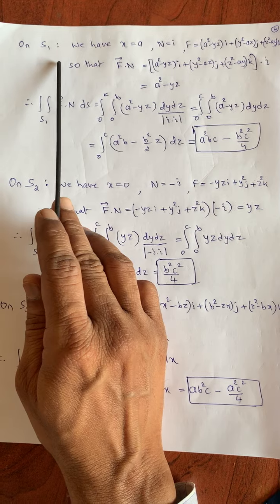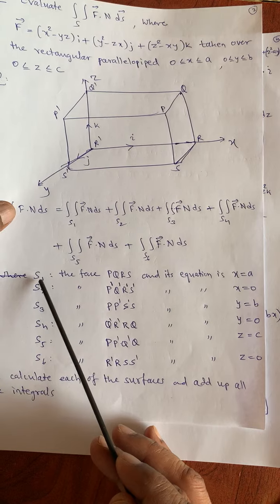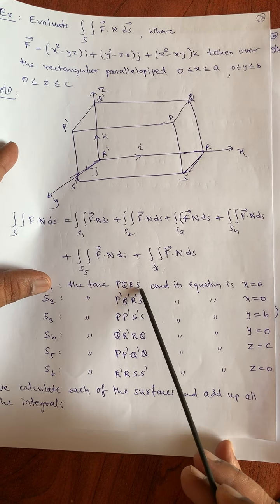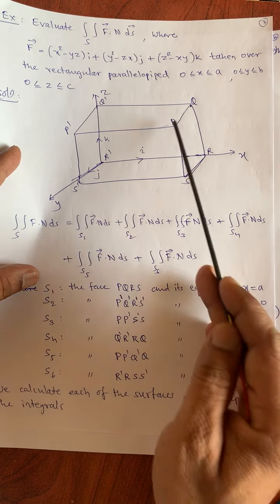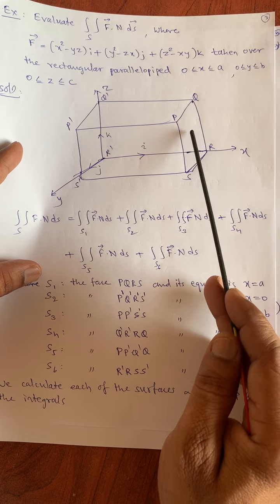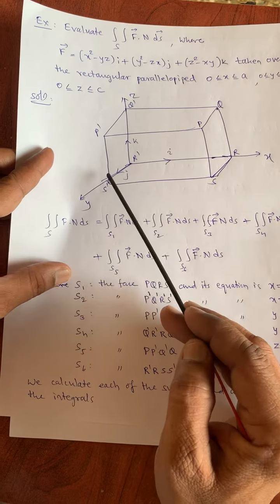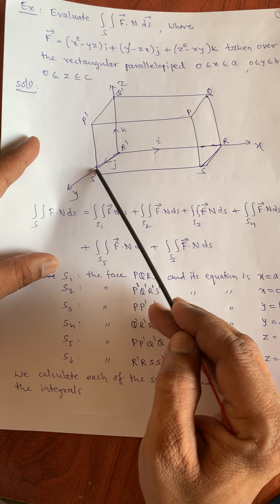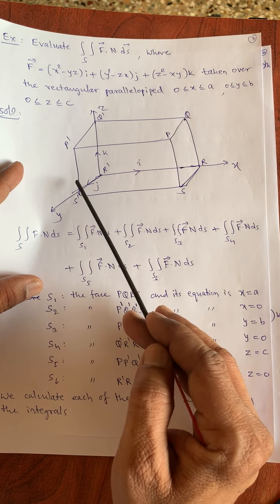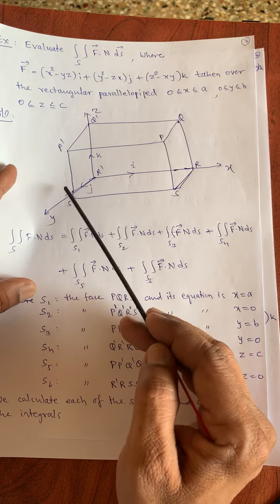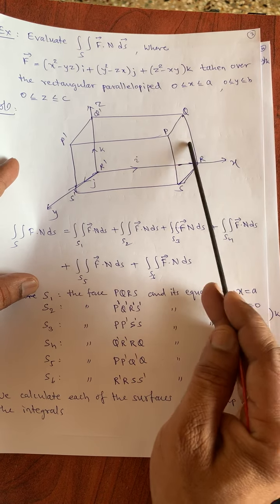On S1, I have taken S1 as the face PQRS, and its equation is x = a, and this plane is parallel to the plane P'Q'R'S', which is the YZ plane. So PQRS is parallel to the YZ plane, so its equation is x = a.